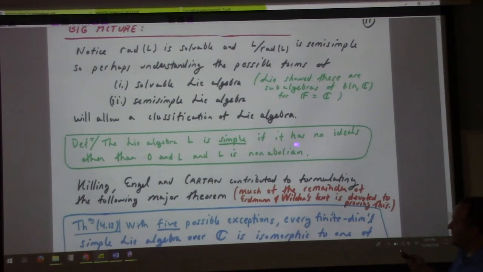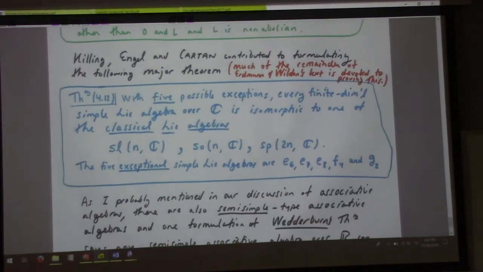A Lie algebra is said to be simple if it has no ideals other than 0 and L, and L is non-abelian. And from the work of Killing, Engel, Cartan, it turns out that with 5 possible exceptions, every finite dimensional simple Lie algebra over the complex numbers is isomorphic to one of the following classical Lie algebras: SL(n,C), SO(n,C), SP(n,C).